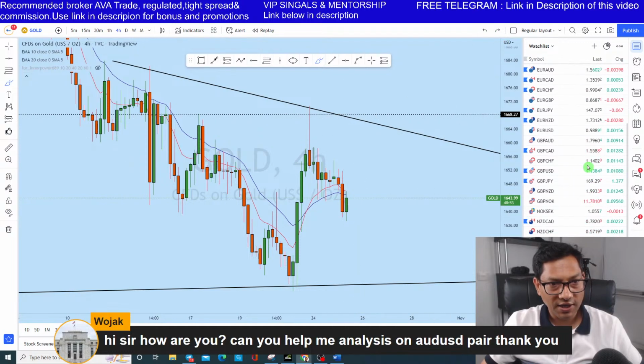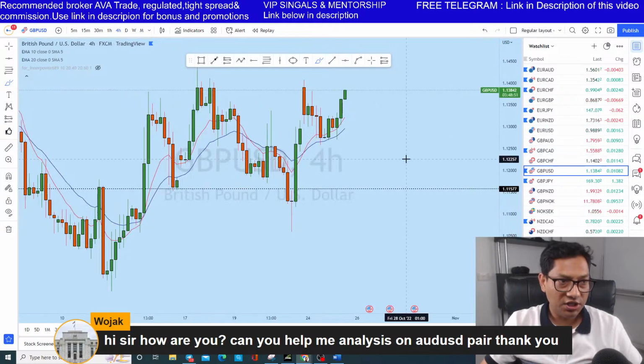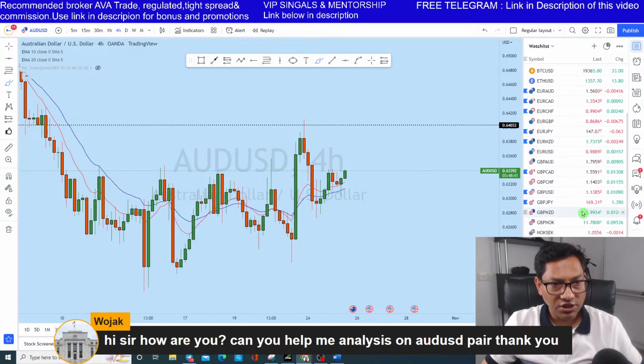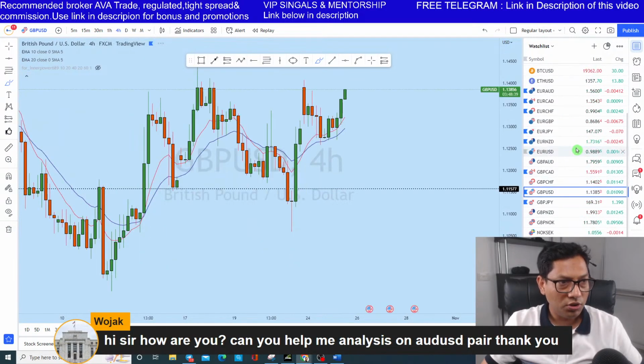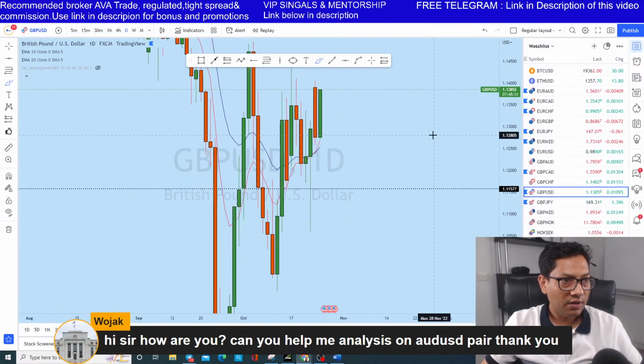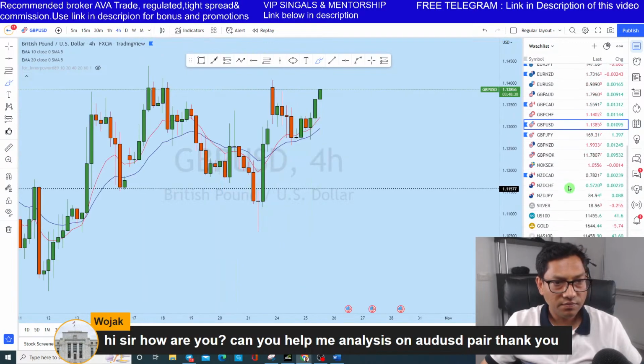We are expecting, let's see, GJ looks like GU and AU, both bullish, but GU looks more strongly bullish than AU. Let's see what happens. I think it's almost hitting the daily resistance level.